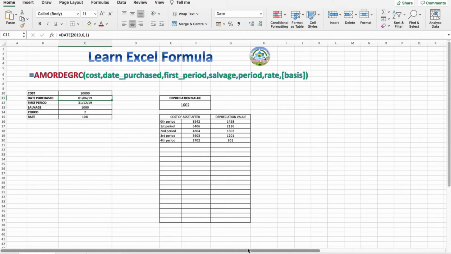Next is the salvage. Salvage is the value of that product after its lifetime, when it finally goes for scrap. That means when the product becomes useless, what is the value predicted for that product. That value will be very low.